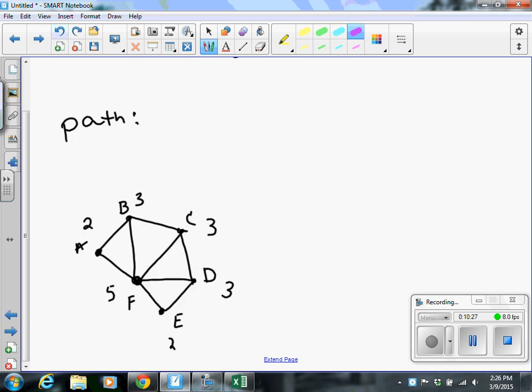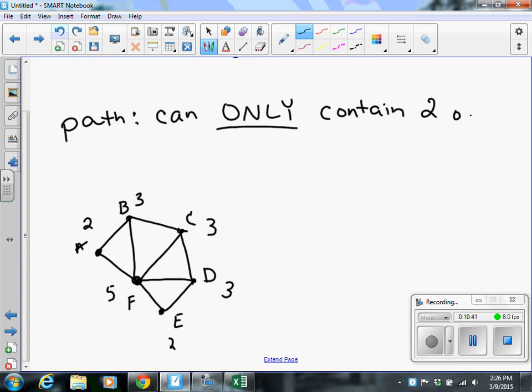Okay, there is a trick. An Euler path can only contain two odd vertices. In order to make a true Euler path, you must start at an odd vertex.